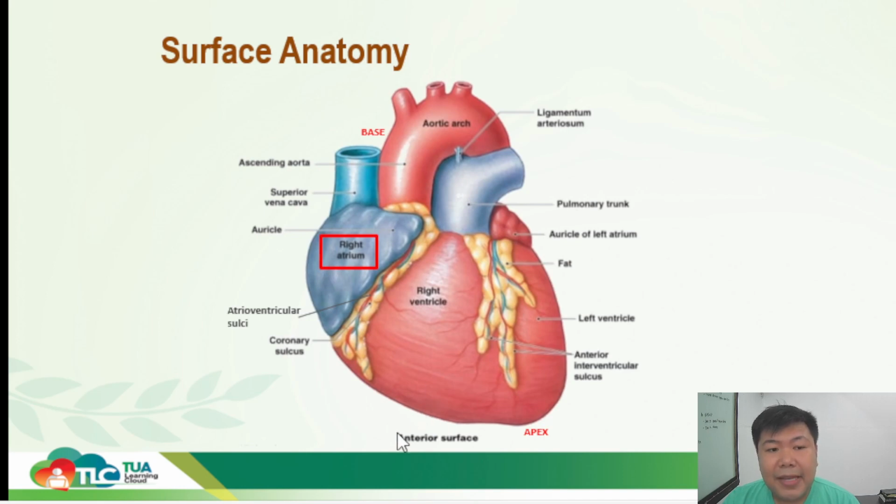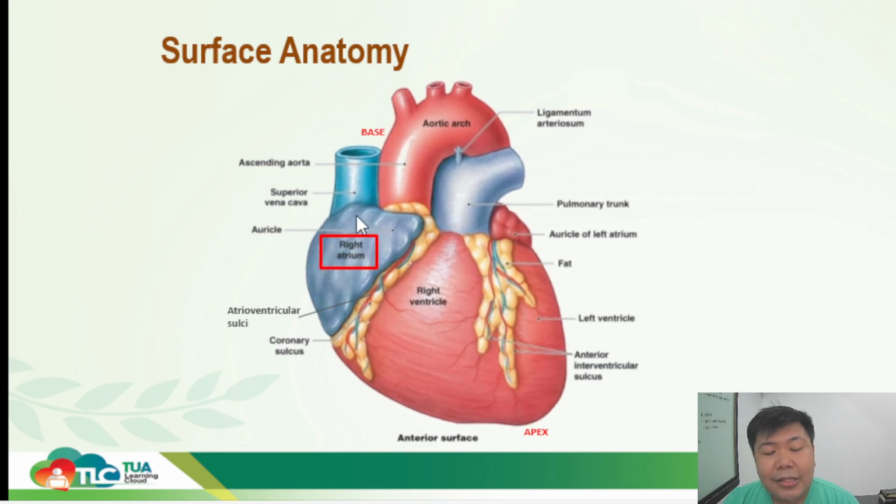So in this image, when we look at it anteriorly, you'll only be able to appreciate the right atrium because the left atrium is better appreciated on a posterior view. Okay? So the right atrium is what we see in this image, and this receives blood from your superior vena cava.